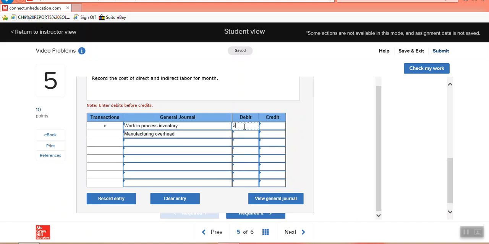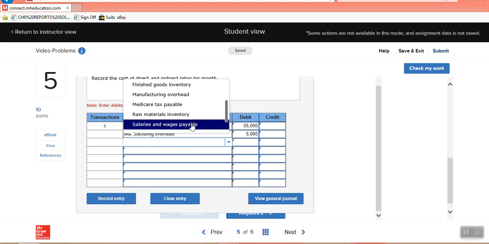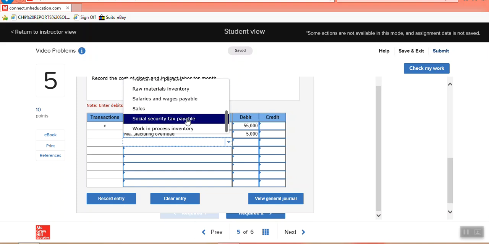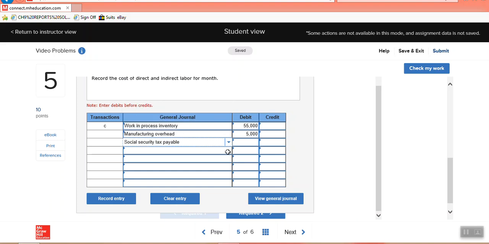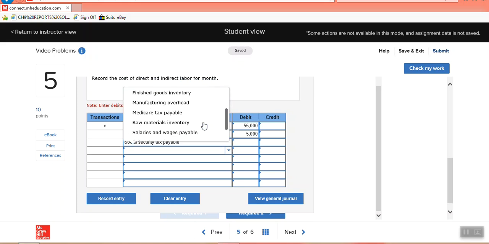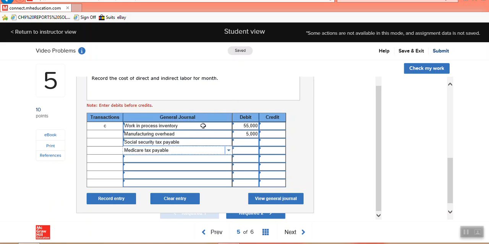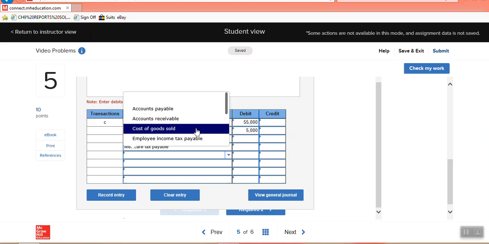So we had $55,000 in direct labor, and I think it was $5,000 in indirect labor. So that's our gross pay, and those are our debits. The next thing we're going to do is credit all of those withholdings that we had. I think there was a Social Security withholding, a Medicare withholding, and income tax.